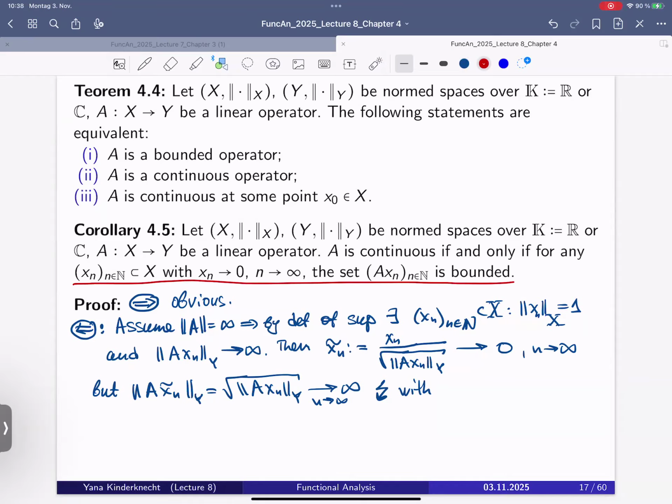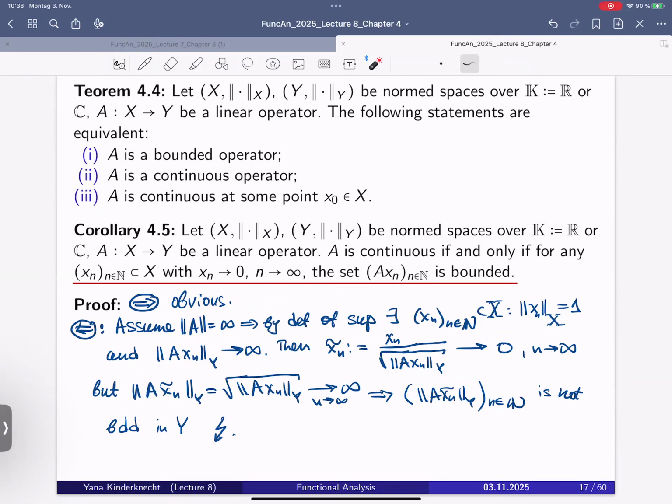This was the assumption. Let me write it down like this, that hence this set A xn tilde is not bounded in Y. And this is a contradiction with our assumption. Okay. Is everything clear?